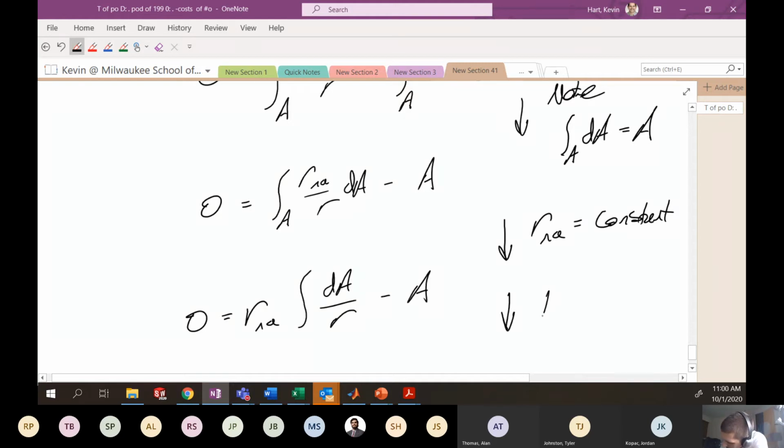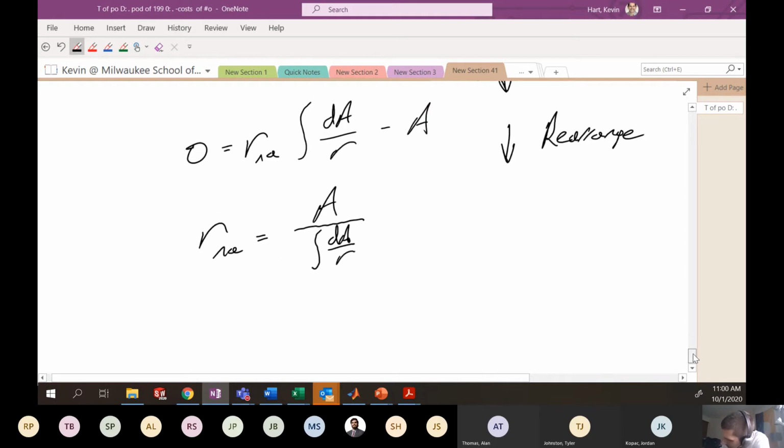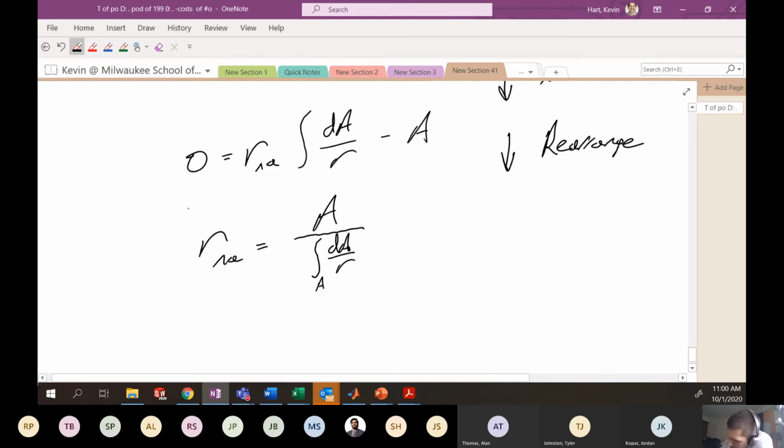And we rearrange one more time, and find that the location of the neutral axis is simply the area divided by this wonky integral dA on R. This is the location of the neutral axis in the cross section.